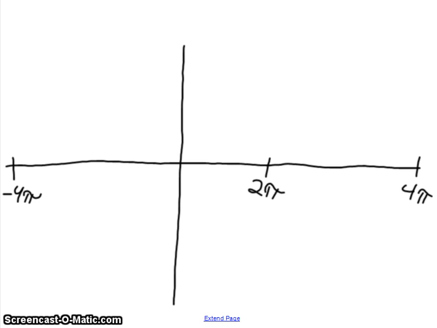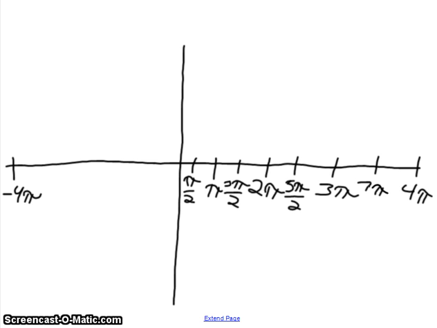Halfway between 0 and 2 pi is pi. Halfway between 2 pi and 4 pi is 3 pi. And then all of the intervals between those are odd multiples of pi over 2: 3 pi over 2, 5 pi over 2, 7 pi over 2, and then the reflection of that.